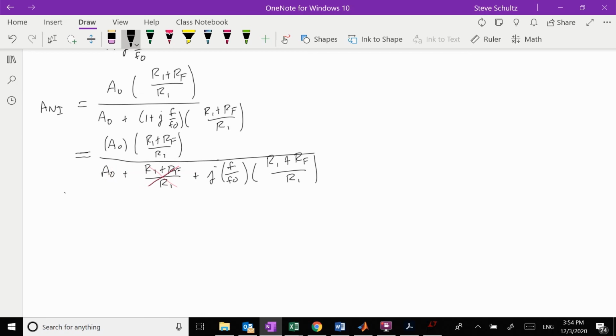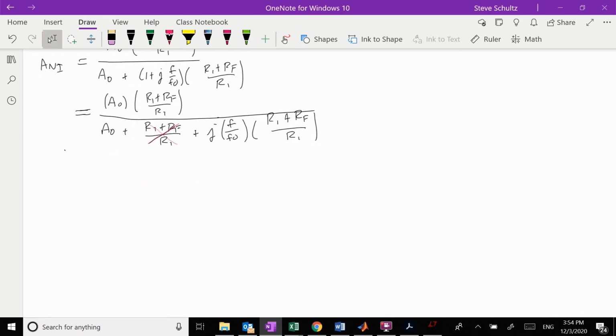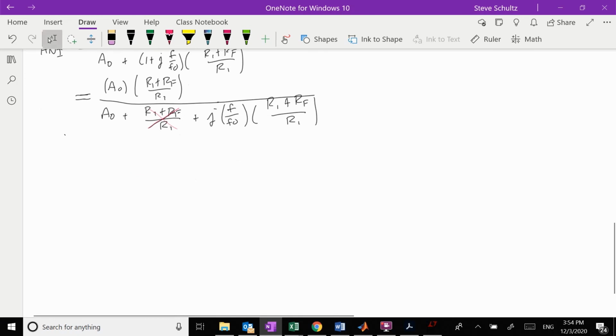Okay, so then we want to put this into our standard equation for a low pass filter. So what we're going to do is we're going to put it into that form, which means we want to get it into a form of 1 plus jf over f1.